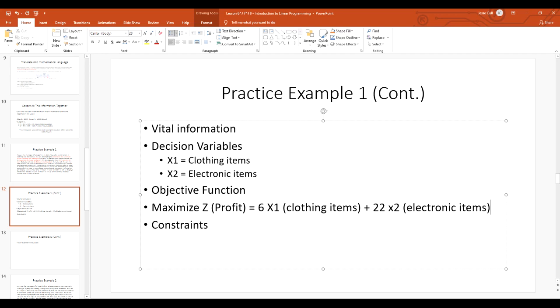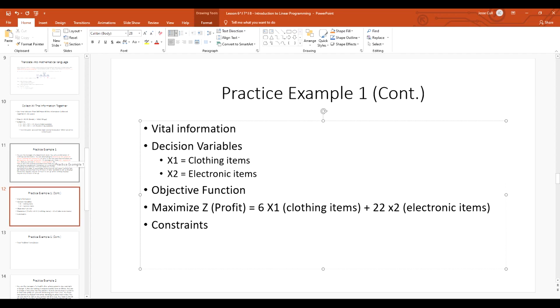This is what we ultimately want to determine. What will profit be? What will Z be if we have the perfect mix of clothing, X1, and electronics, X2, if clothing is $6 per item and electronics is $22 per item? That is what we're trying to determine.